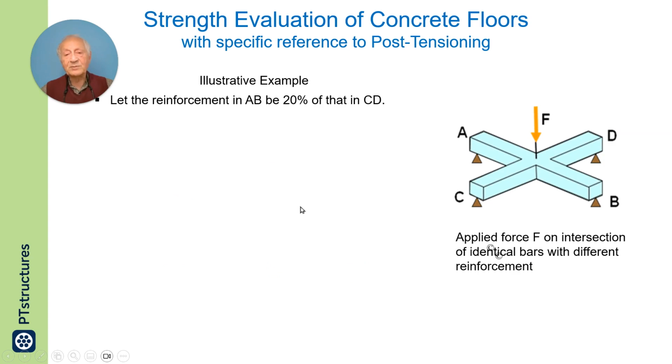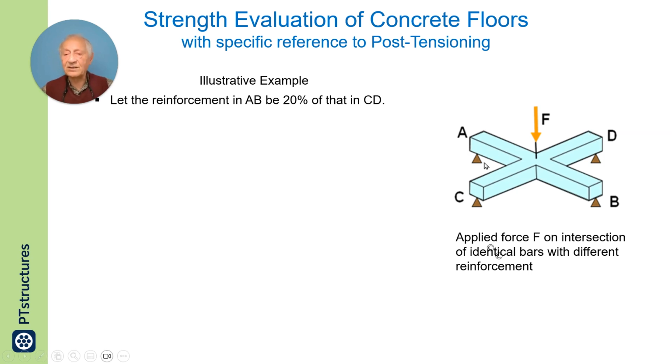Now, this simple illustration is intended to crystallize the concept before we go to the slab. In this example, I have intersecting beams supported at the far ends. The reinforcement in AB is less than the reinforcement in CD.